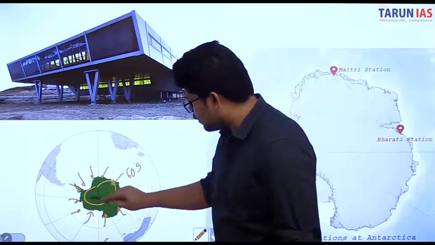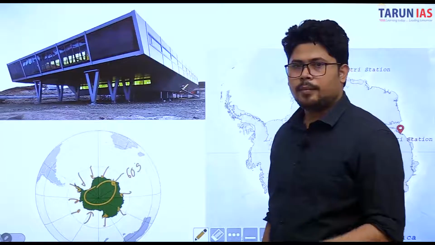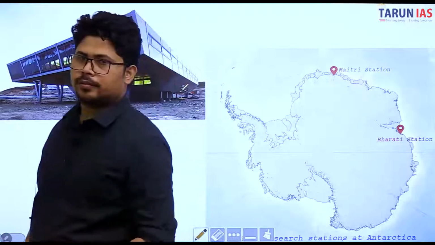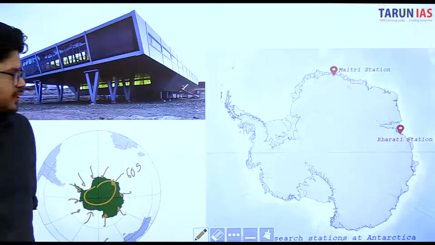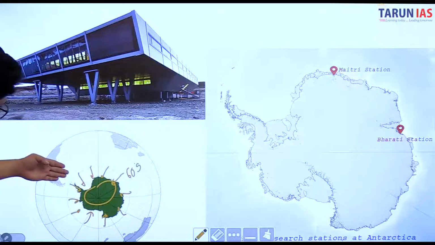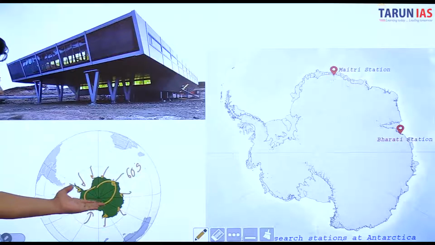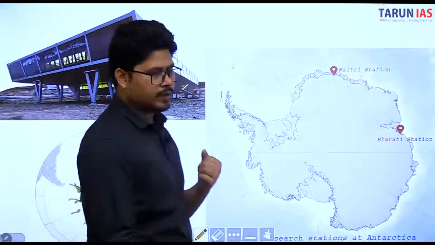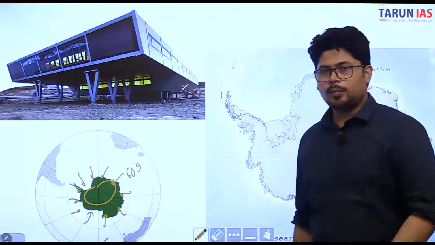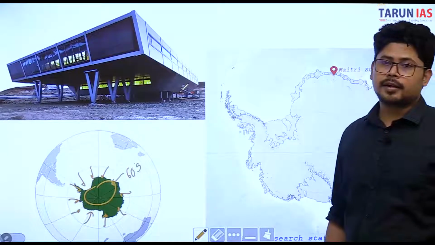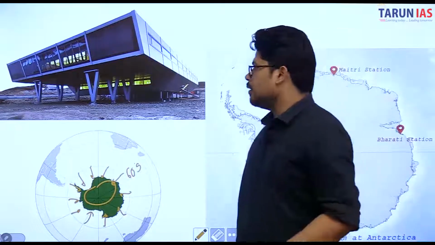Usually Antarctica is this, but for the consideration of the law, anything that lies south of the 60 degrees south latitude will be called Antarctica. So I hope you understood what Antarctica is for the purposes of the law.